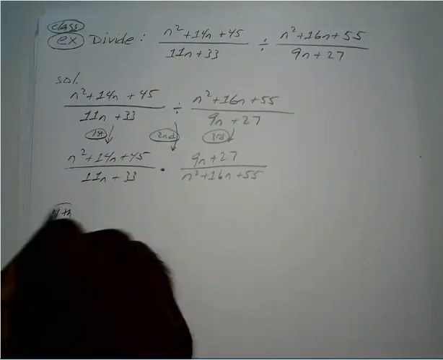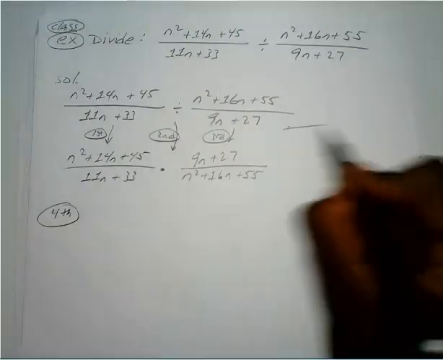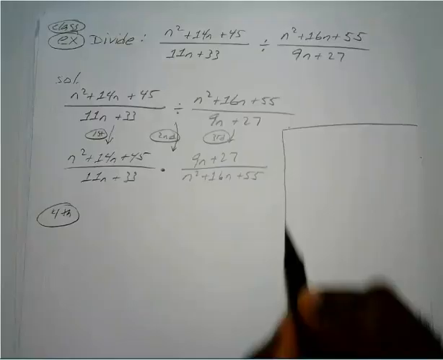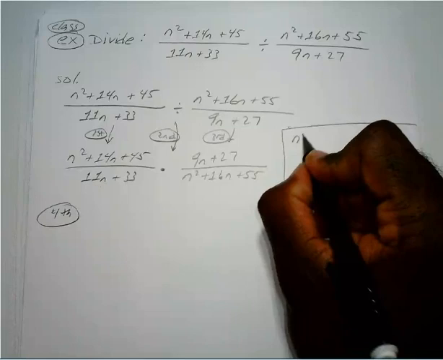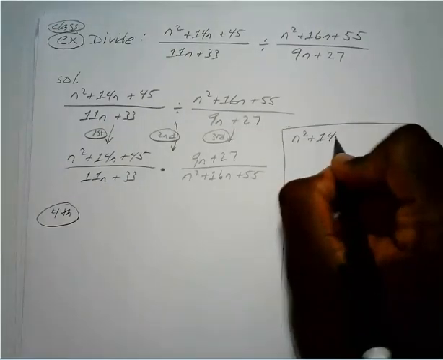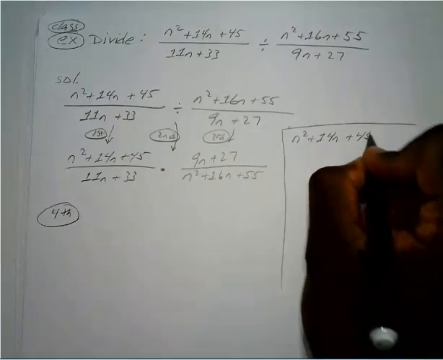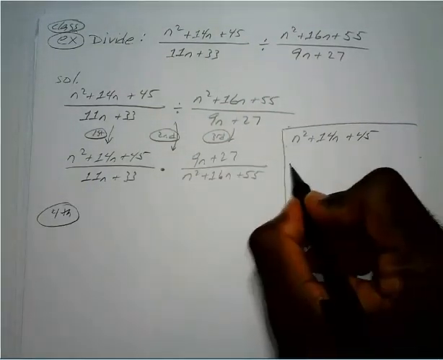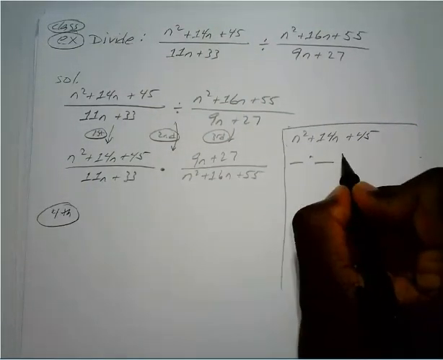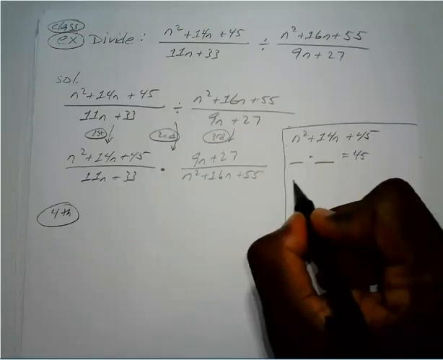So we're going to go ahead and factor each one of those. So we have n squared plus 14n plus 45. There's nothing in front of the n squared, so we have to find two numbers that multiply to equal our c, and those same two numbers add to equal our b.